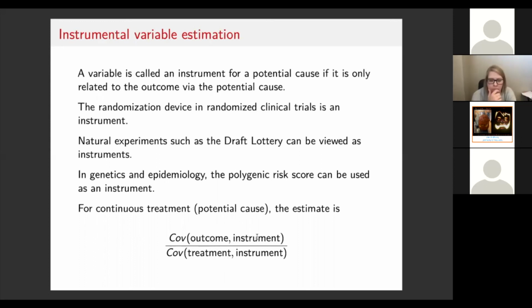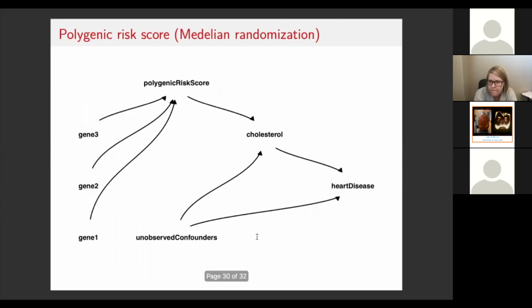That's your effect. But now, I cannot really randomize, right? What I have is a polygenic risk score. The polygenic risk score is constructed out of, maybe here it is 3, but it could be hundreds of genes.